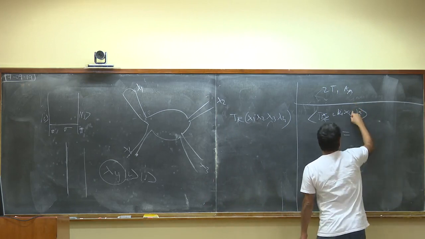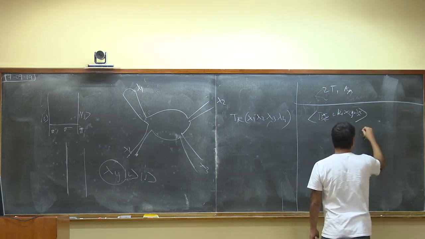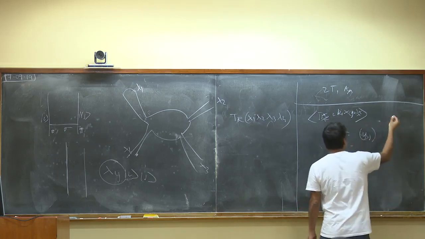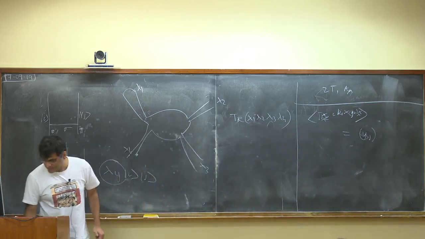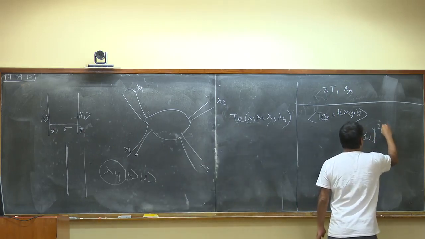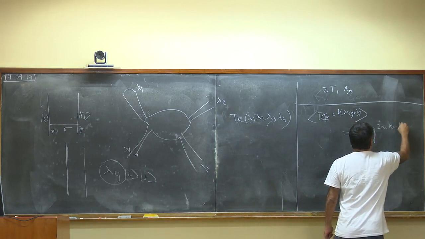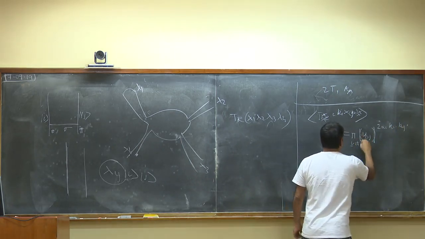I think Polchinski calls these y_i's. Let's follow. So he calls them y_ij to the power, and then the factor of 2 is important. So we get the product over i not equal to j of |y_ij| to the power 2 alpha prime k_i dot k_j.